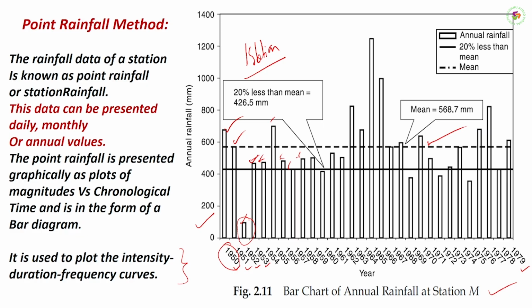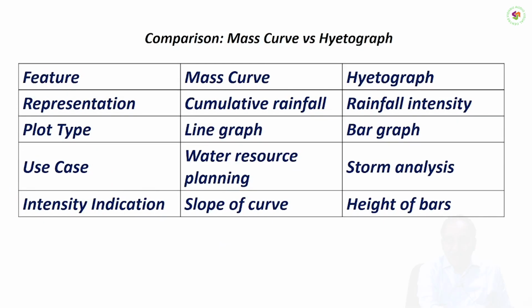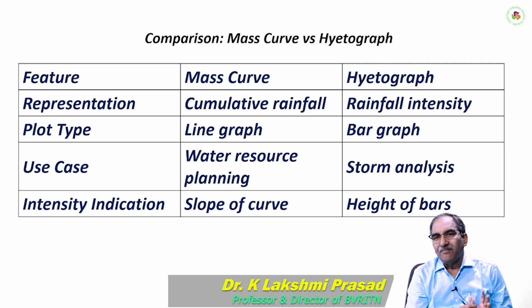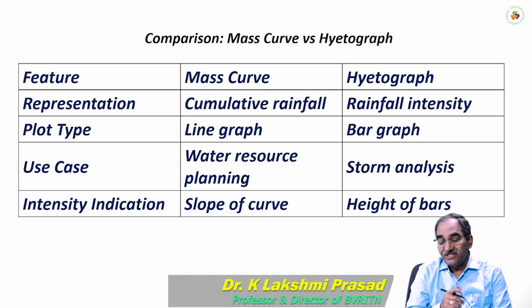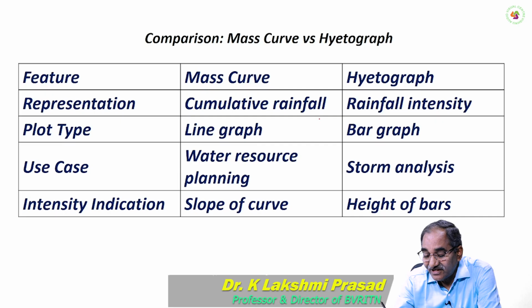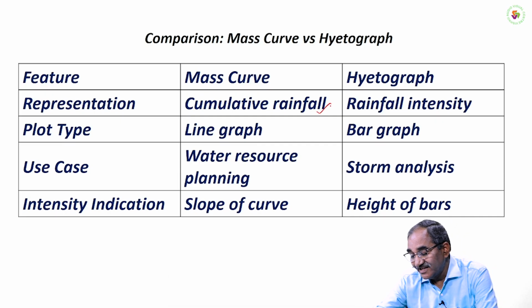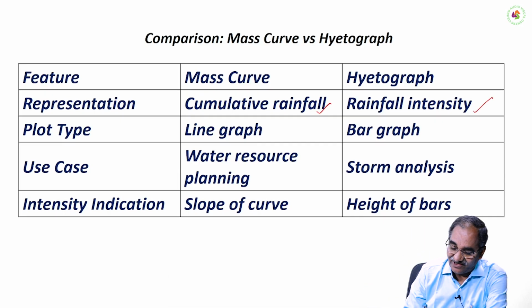So finally, what are the three methods of representing rainfall? The first is the rainfall mass curve, the second is the rainfall hyetograph, and the third is the point rainfall method. If I compare the mass curve and hyetograph, please remember, the mass curve shows cumulative rainfall, whereas the hyetograph shows rainfall intensity.